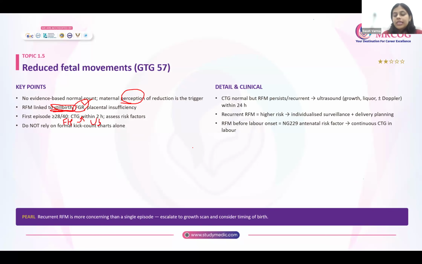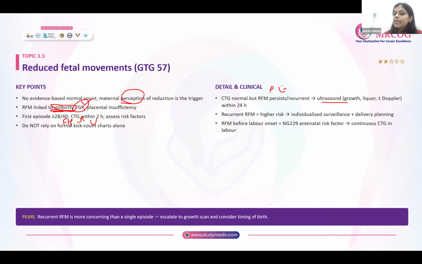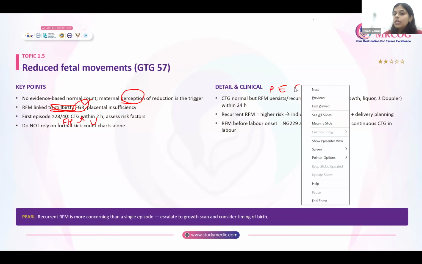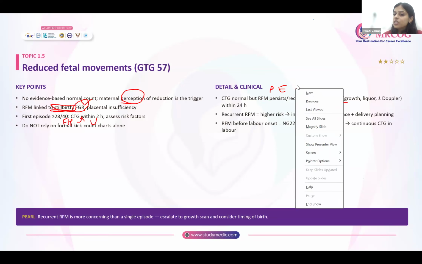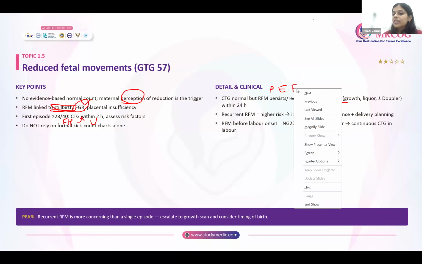Then if CTG is normal, but reduced fetal movements persist or are recurrent, then arises the need for ultrasound. Also, if any risk factor like preeclampsia or IUGR is present, then apart from CTG, we look at when the last ultrasound was carried out.